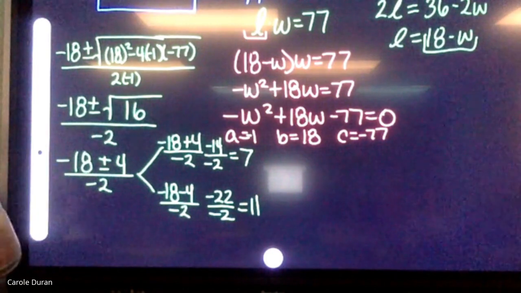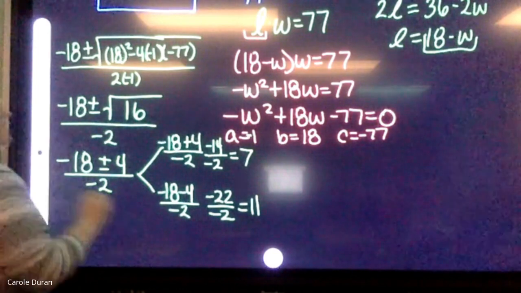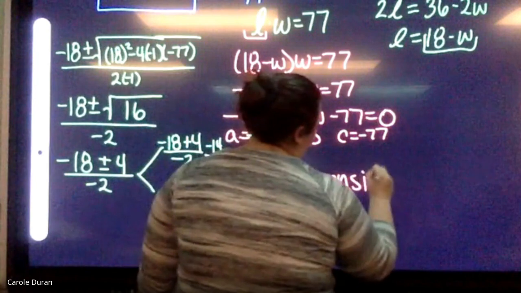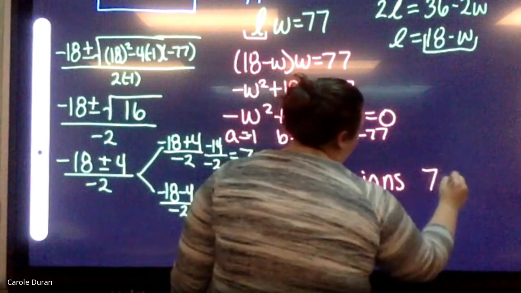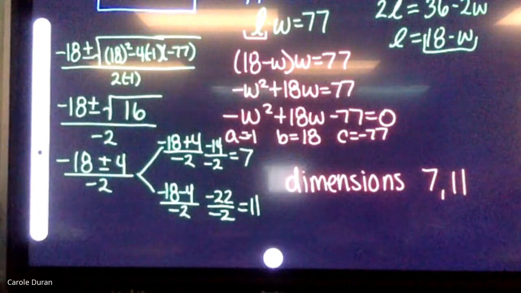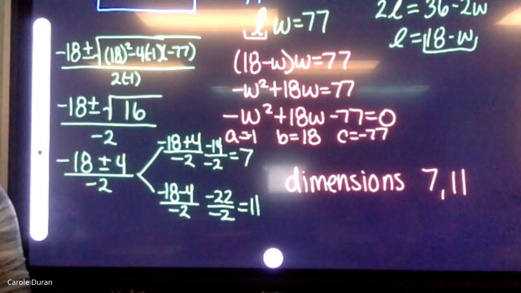I don't actually have to plug them back in because they're just going to give me 7 and 11 as my answers. So the dimensions of my rectangle are 7 and 11. 77 times 1. Well, I'm saying we had other options technically.